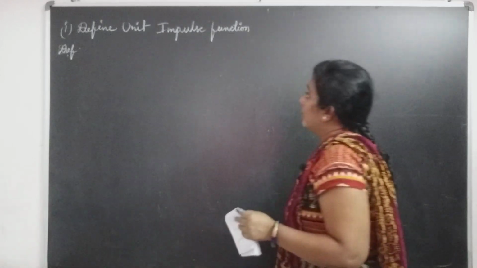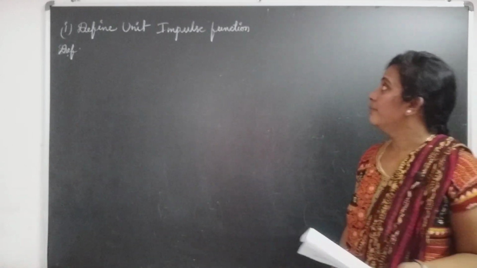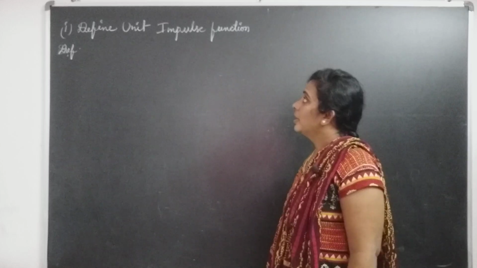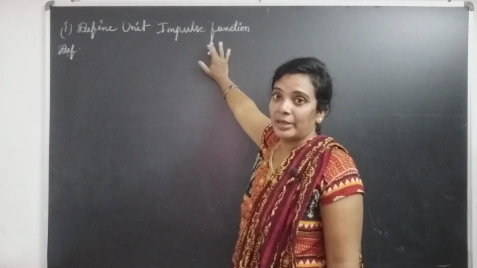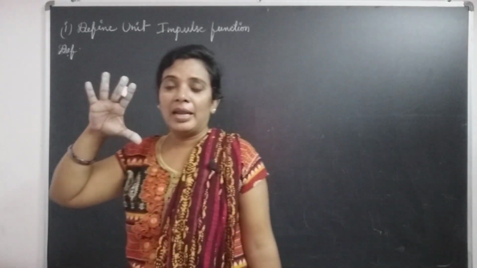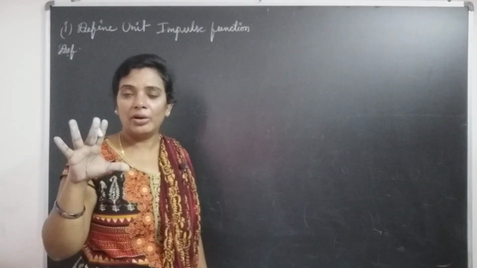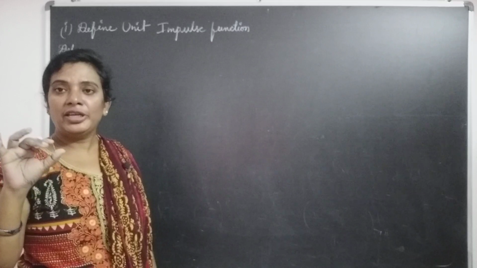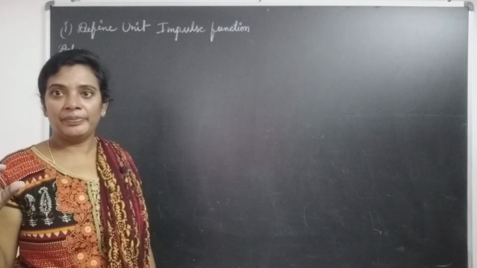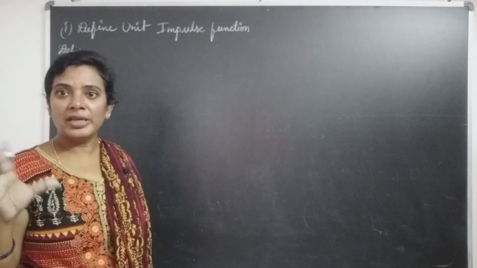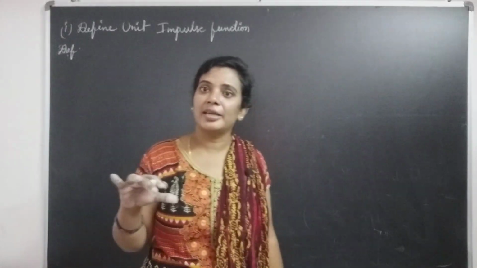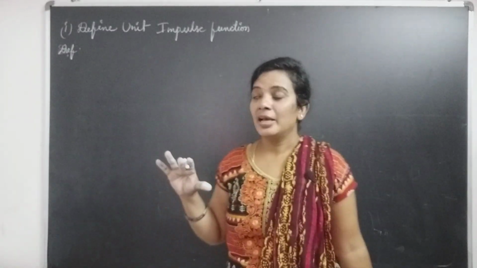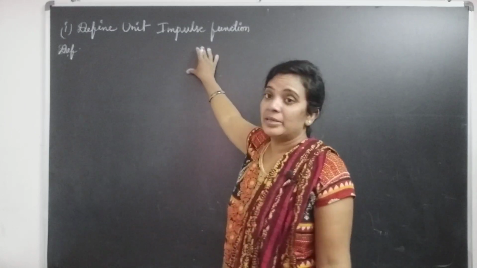When we define the unit impulse function, it occurs at the time of an earthquake, where a large force acts for a very short period of time, or in the collision of two bodies. In such cases we define this unit impulse function.